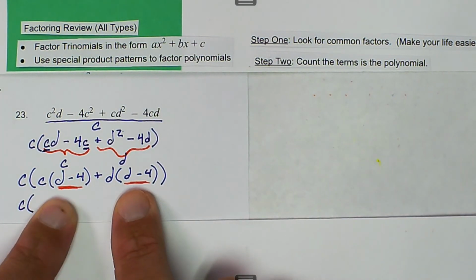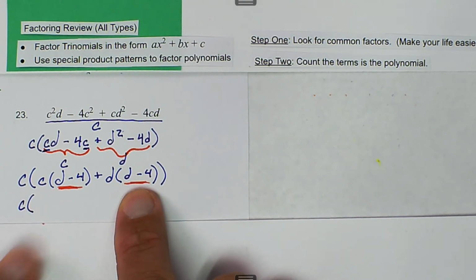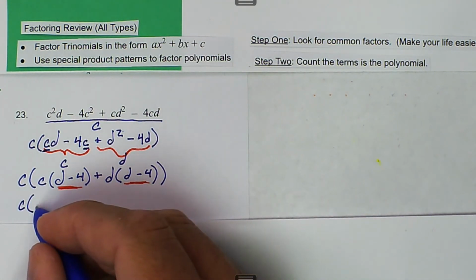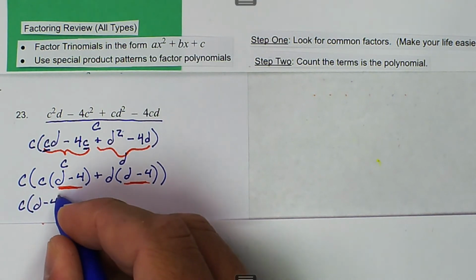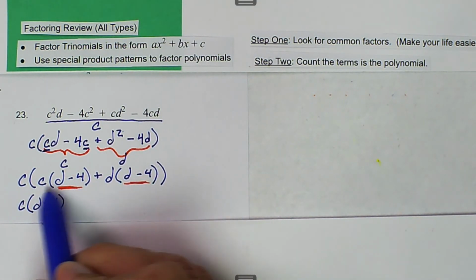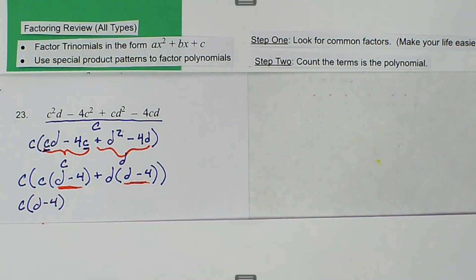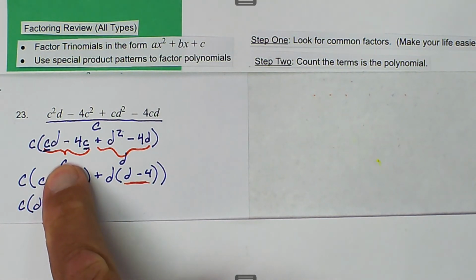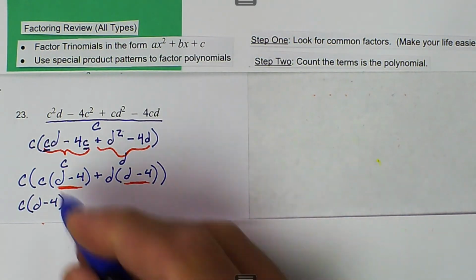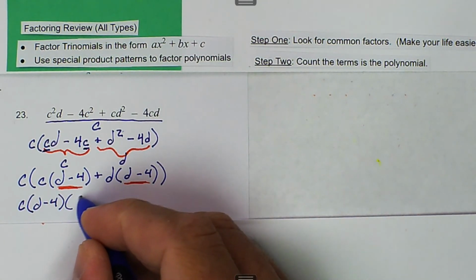Now, between these two terms, we have a d minus 4 that's common between both. So we're going to pull the d minus 4 out. If we take a d minus 4 out of this first term, what's left? Just the c is the only thing left. So we're going to be left with a c.